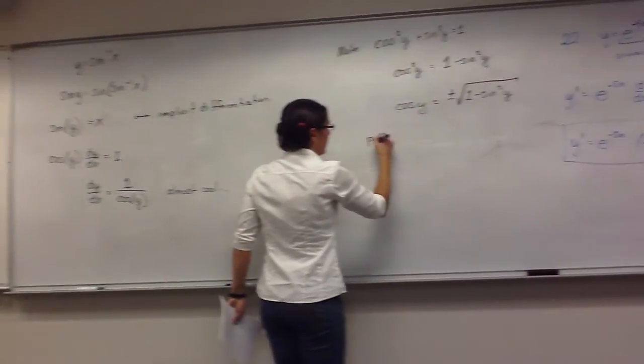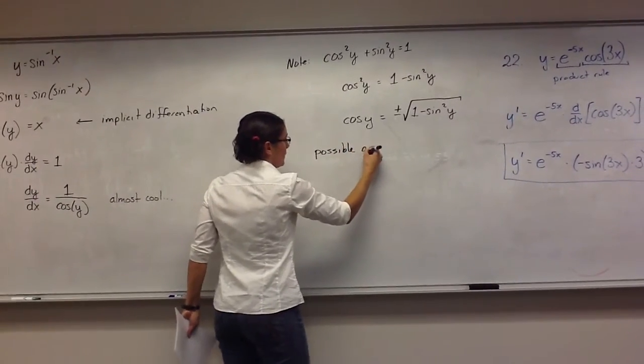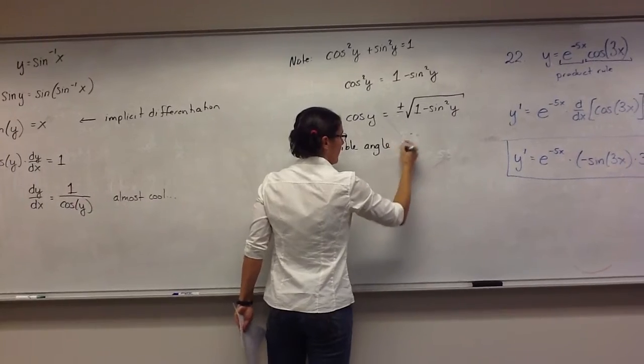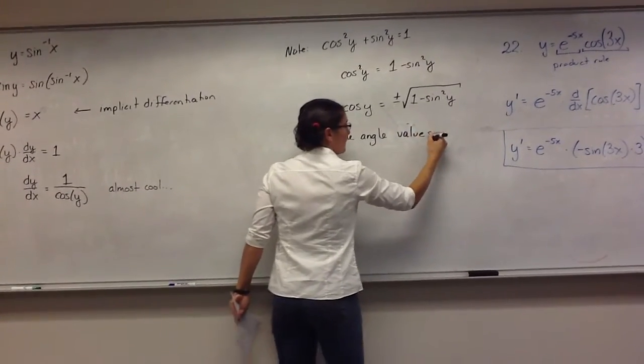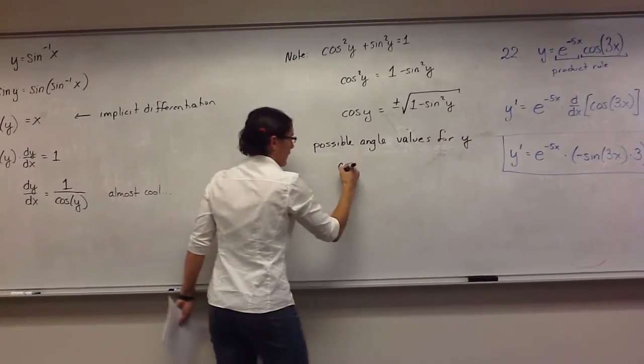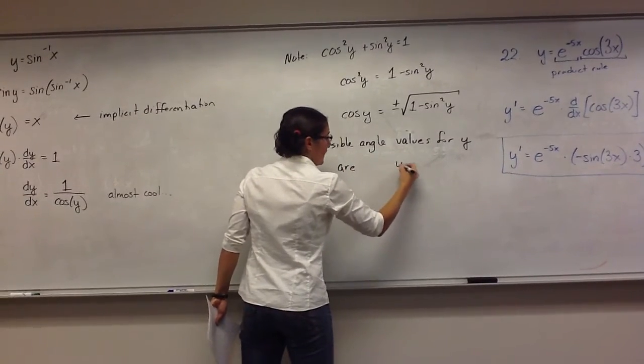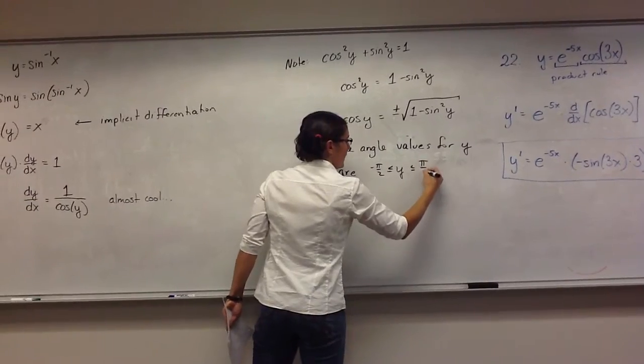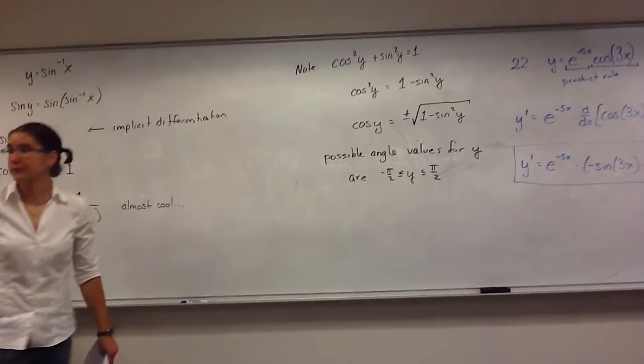And so possible angle values for y are angles between negative pi over 2 and positive pi over 2.